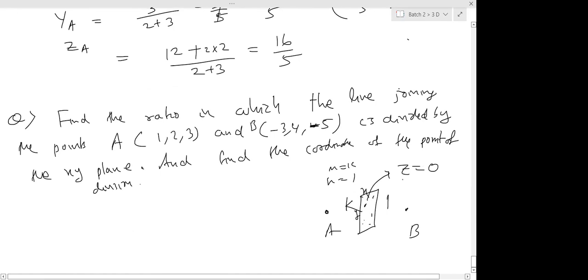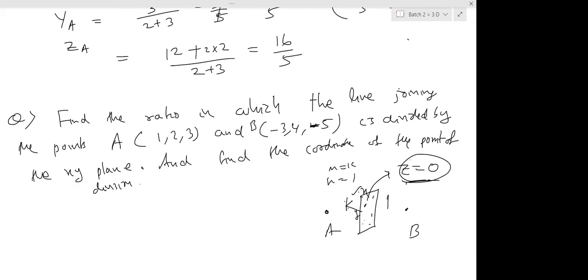So we know that the z coordinate will be 0. From that, find the value of k, then find x coordinate and y coordinate. First try to find the z coordinate, because you already know z coordinate will be 0. Then you'll get the value of k, then you can find the value of x and y. All right, try to solve this. I'll give you some minutes.